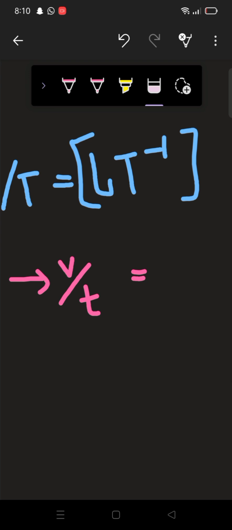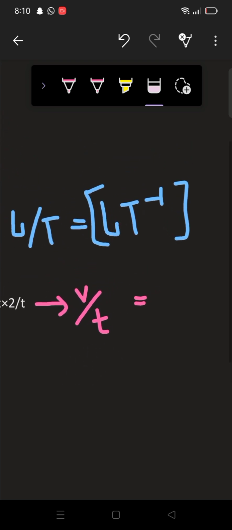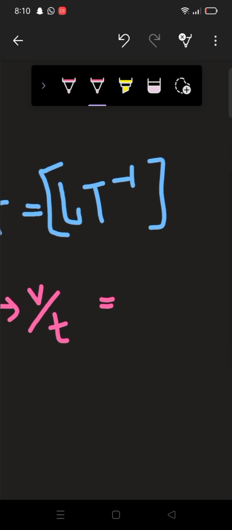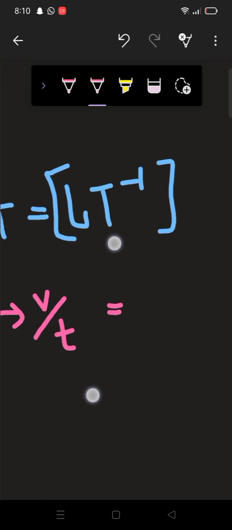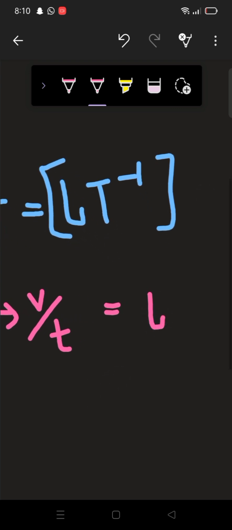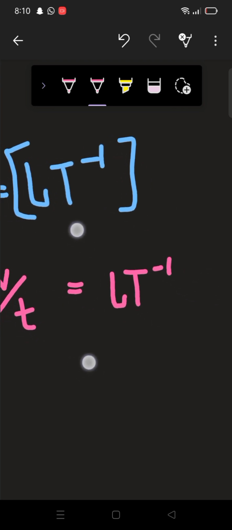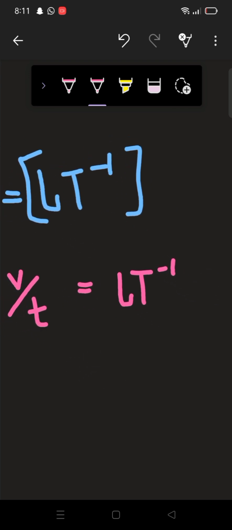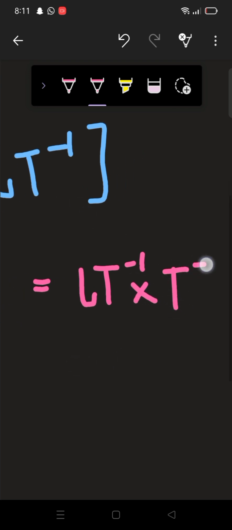As we have taken, the dimensional formula of v is L T inverse, and we have another T in the denominator. So here we need to multiply this T inverse.